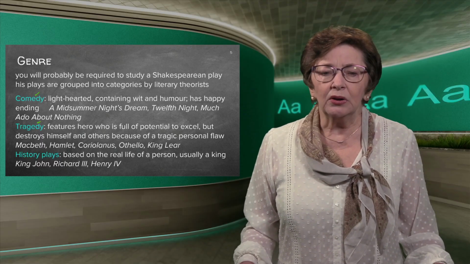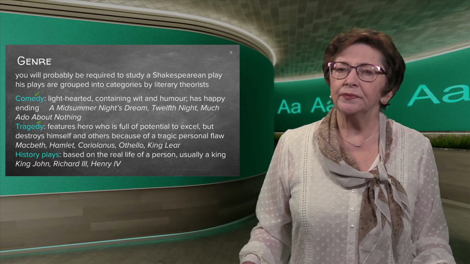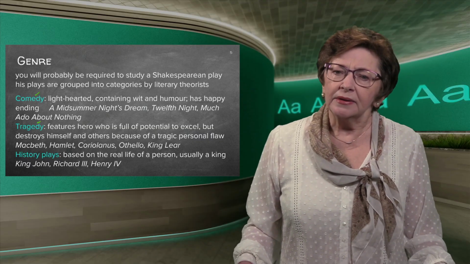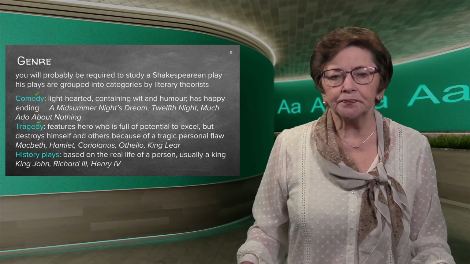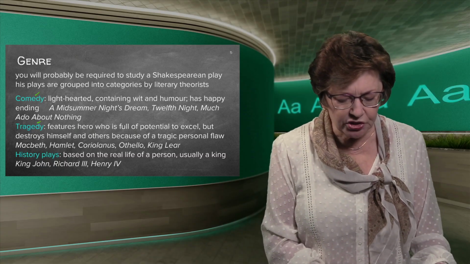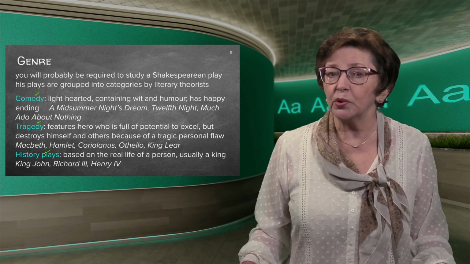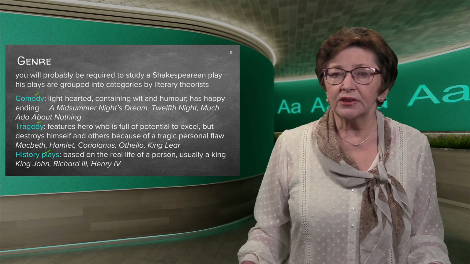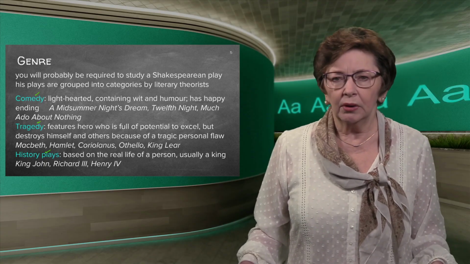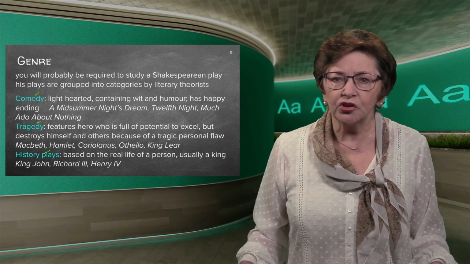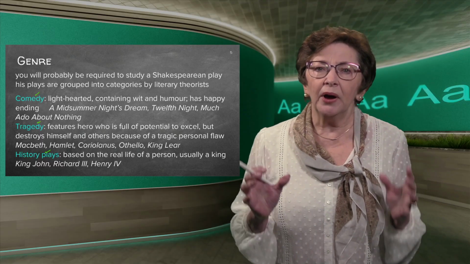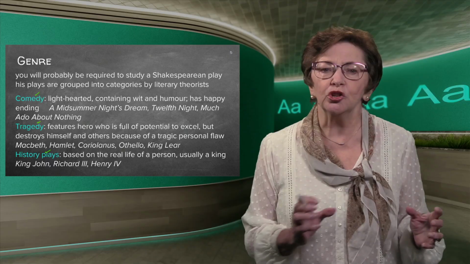So think of Macbeth, Hamlet, Coriolanus, Othello, King Lear, and then of course there are the history plays, based on the real life of a person, usually a king, such as Henry the Fourth or Henry the Eighth or Richard the Third, and so on. So it's about a real live person that used to live.